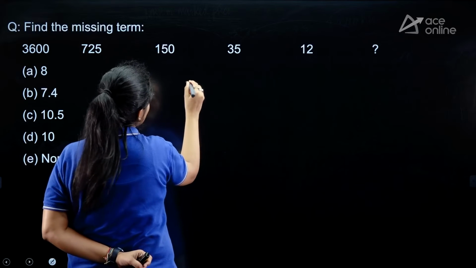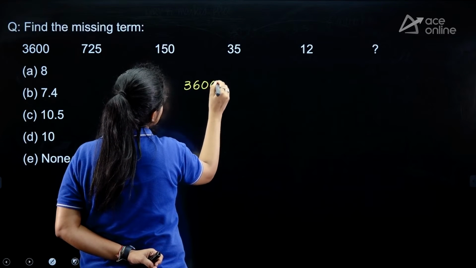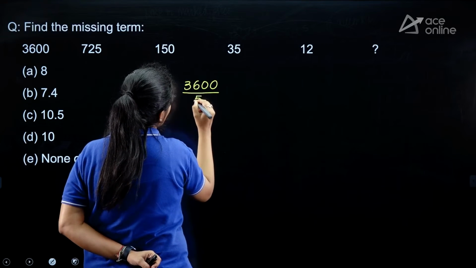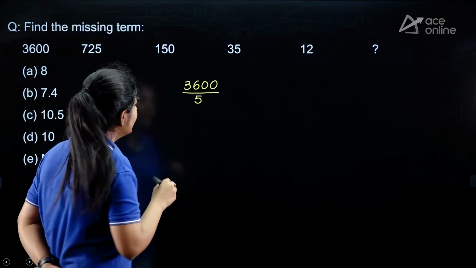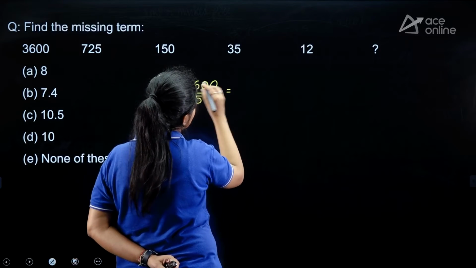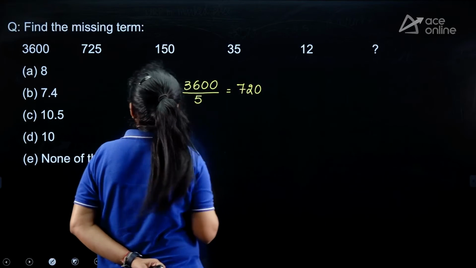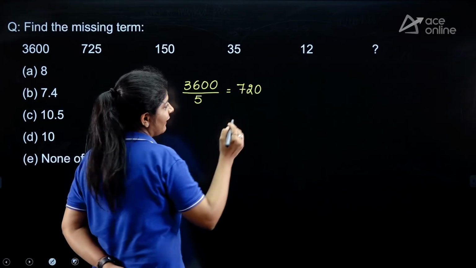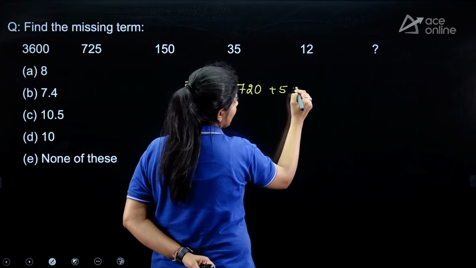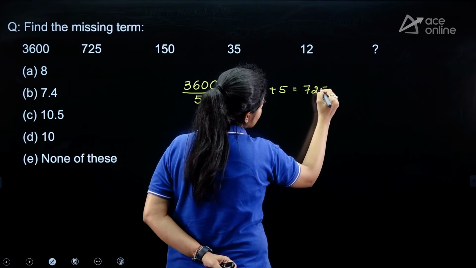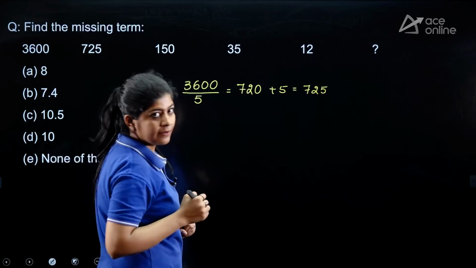But if you divide 3600 by 5, we get 720, and if I add 5 to it, I get 725, which is mentioned over here, right?